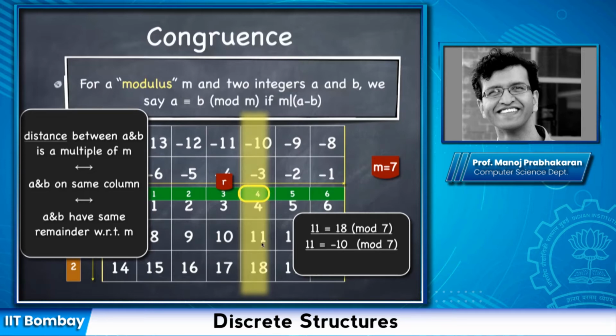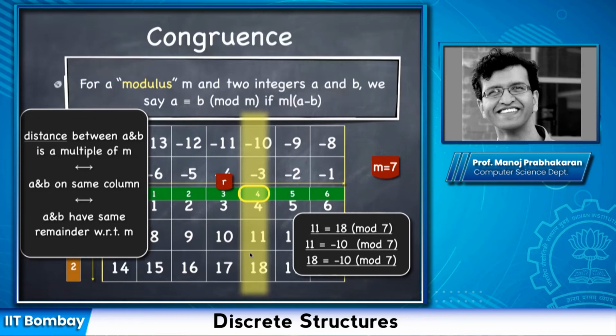And since 11 and 18 lie in the same column, and 11 and minus 10 lie in the same column, 18 and minus 10 also have to lie in the same column. Or another thing you can see here is the distance between them is 28, which is a multiple of 7. Okay, so all this is saying the same thing, and a good way to visualize it is that numbers which are congruent to each other are the ones which lie on the same column.